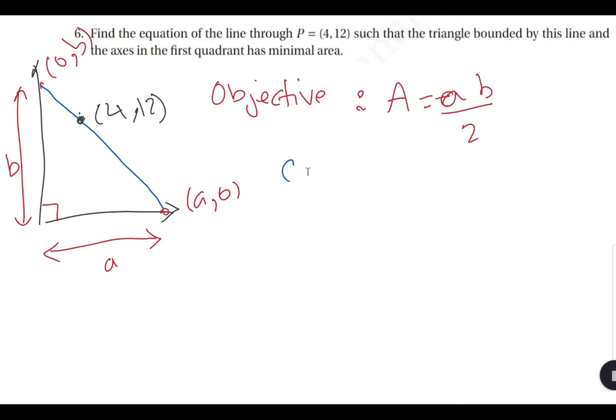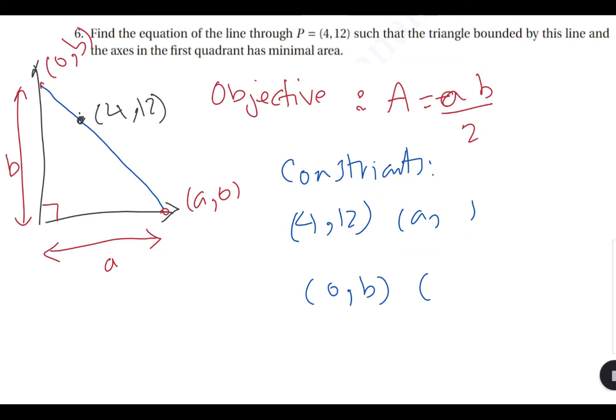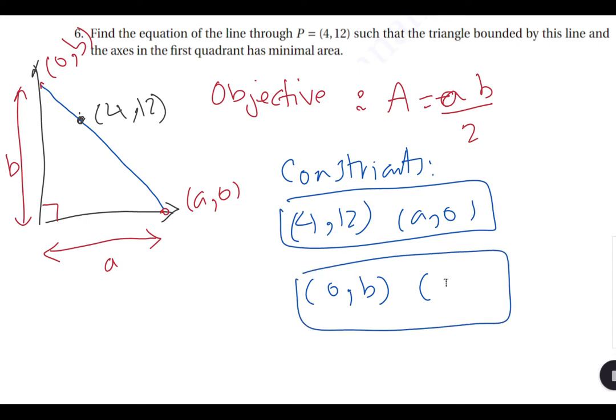So I'm into constraints now. One way of dealing with it is going through these two, (A, 0) and (4, 12), and then the other one is through (0, B) and (4, 12). Oops, sorry, this is supposed to be (A, 0).